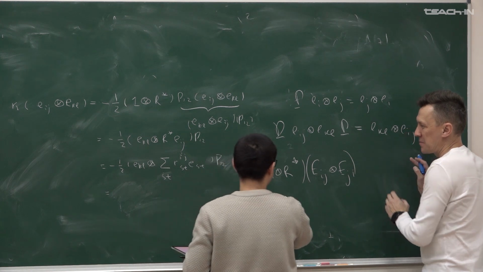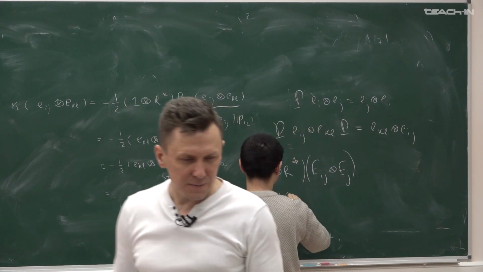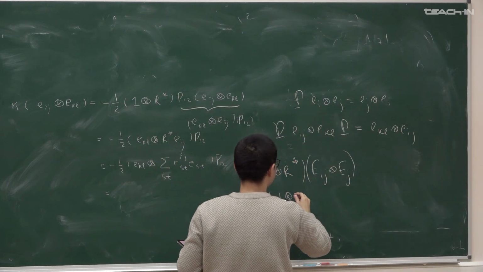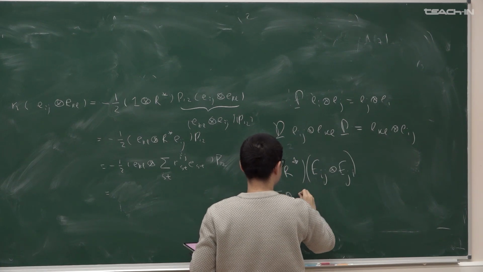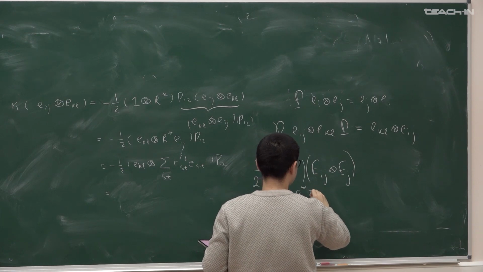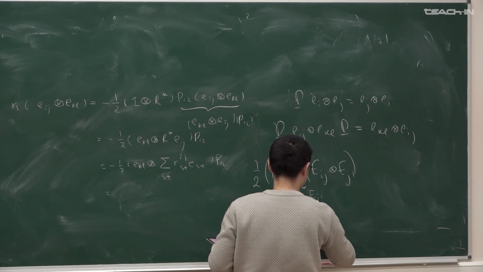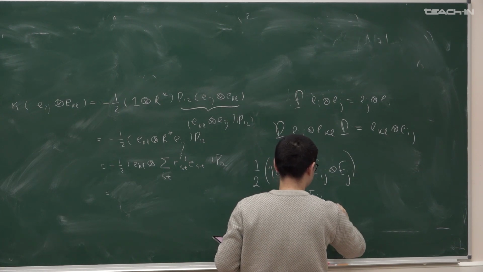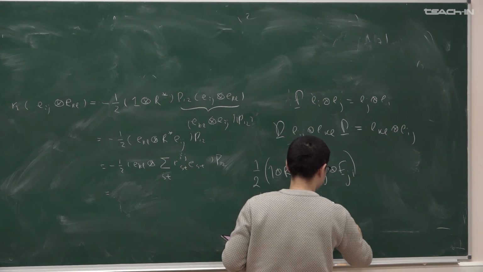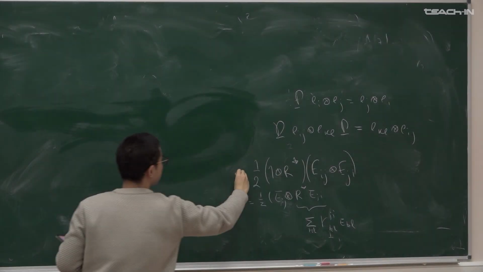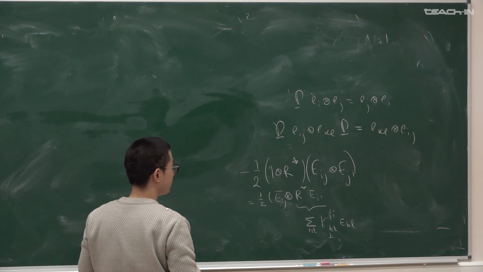So R star is minus 1 tensor product, Eij tensor product R star Eji. So this is equal to the sum over KL of RJI KL EKL.